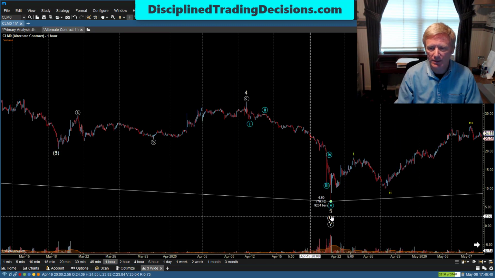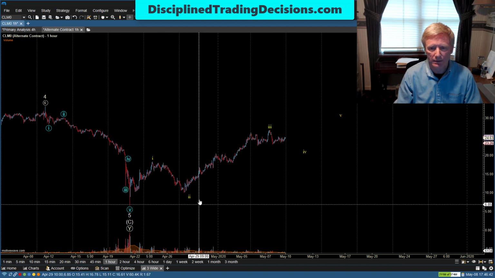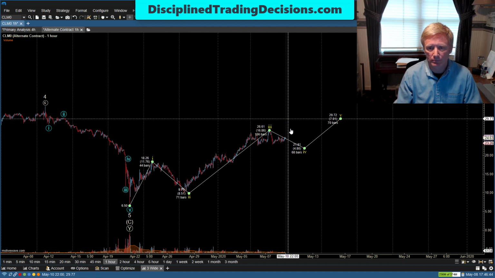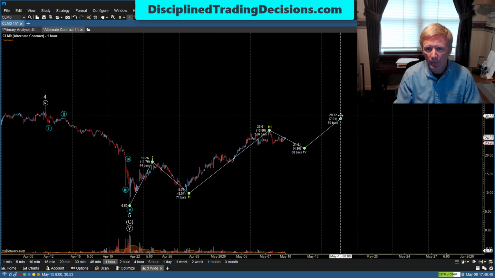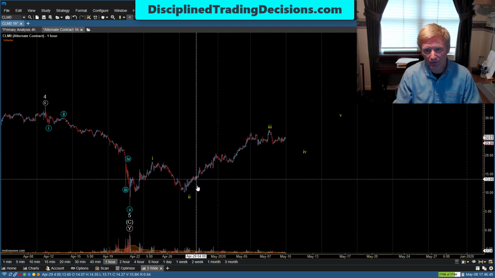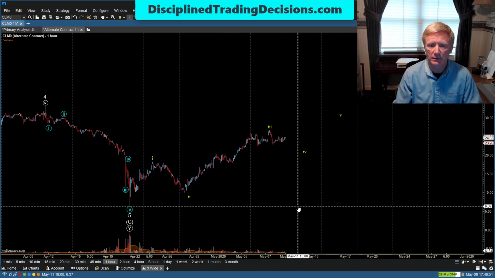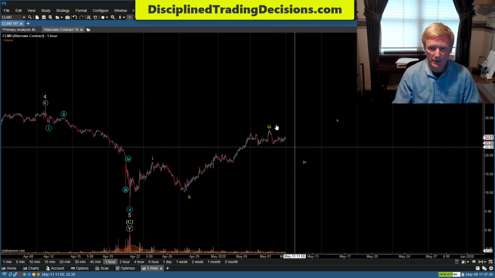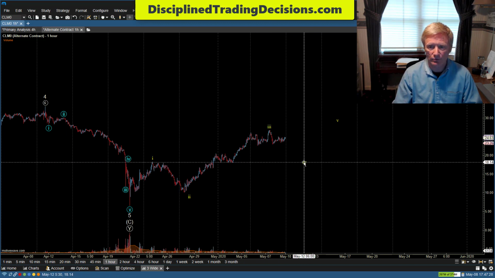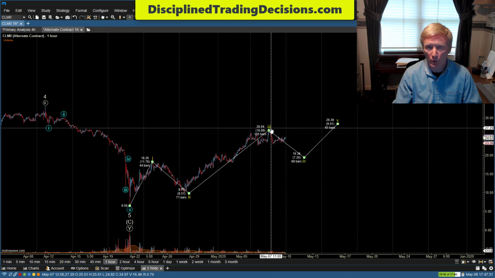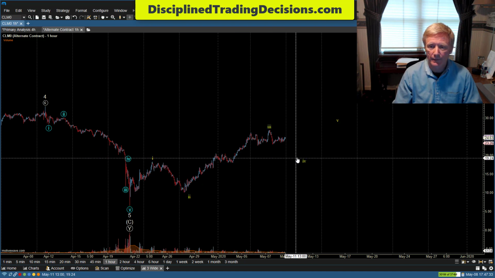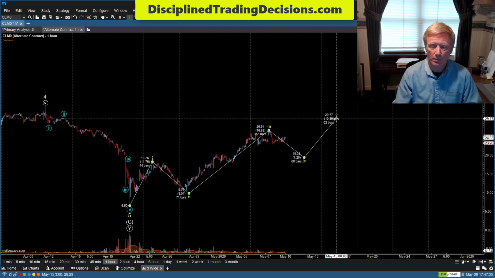So if this is the end of Y, we're looking for 5 waves up for an A. And so we could have 3 of those 5 waves in. What am I expecting? I'm expecting a deeper pullback for 4 if this wave 3 is finished, and then resume up for 5.